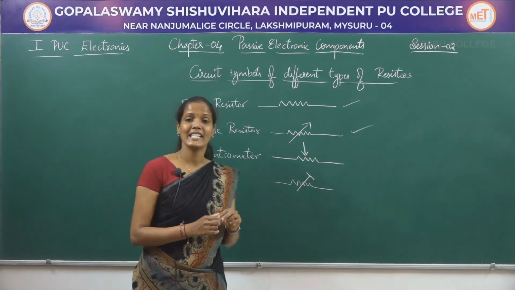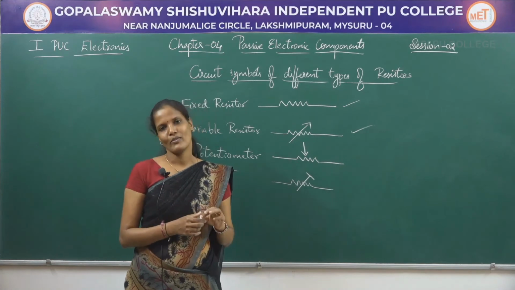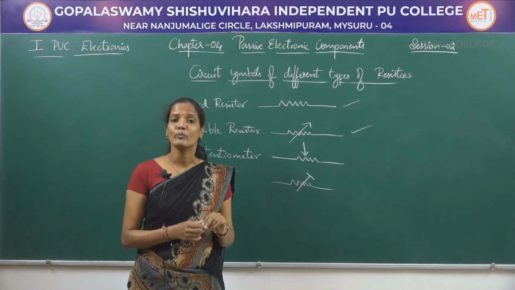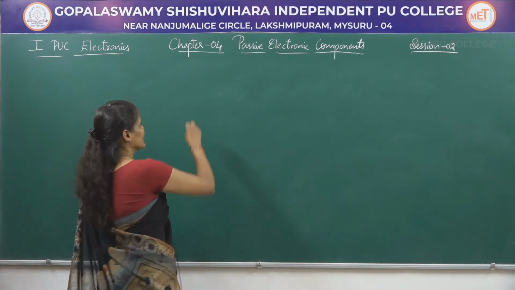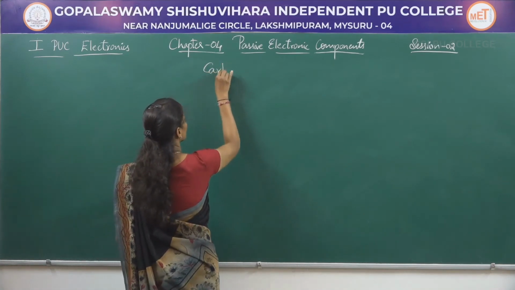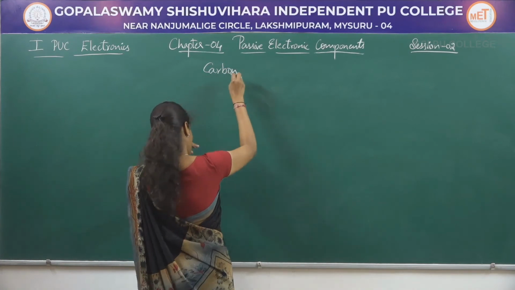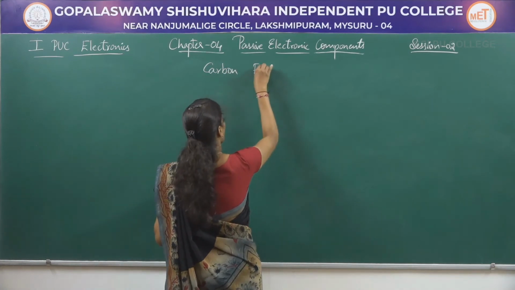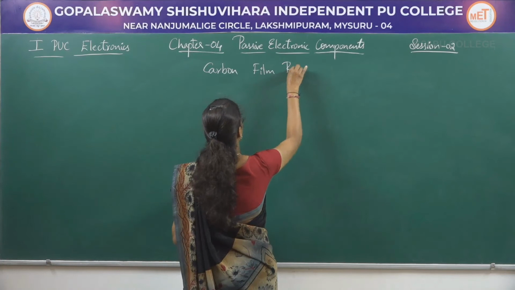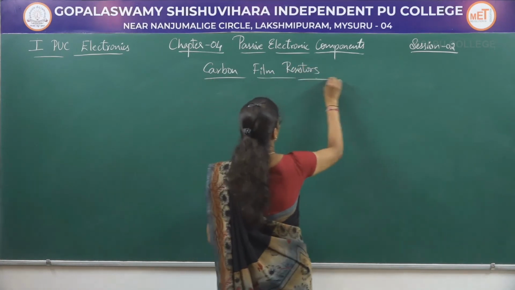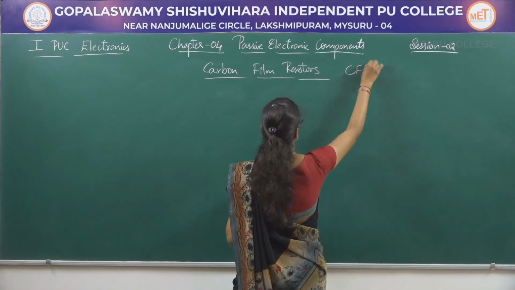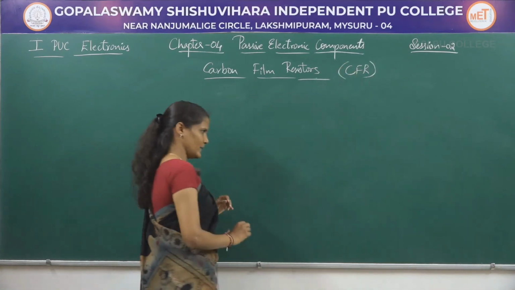Now let us study in detail one type of resistor, the carbon composition resistor. This is the first type of fixed resistor, which is also called the carbon film resistor, usually denoted as CFR, that is carbon film resistor.